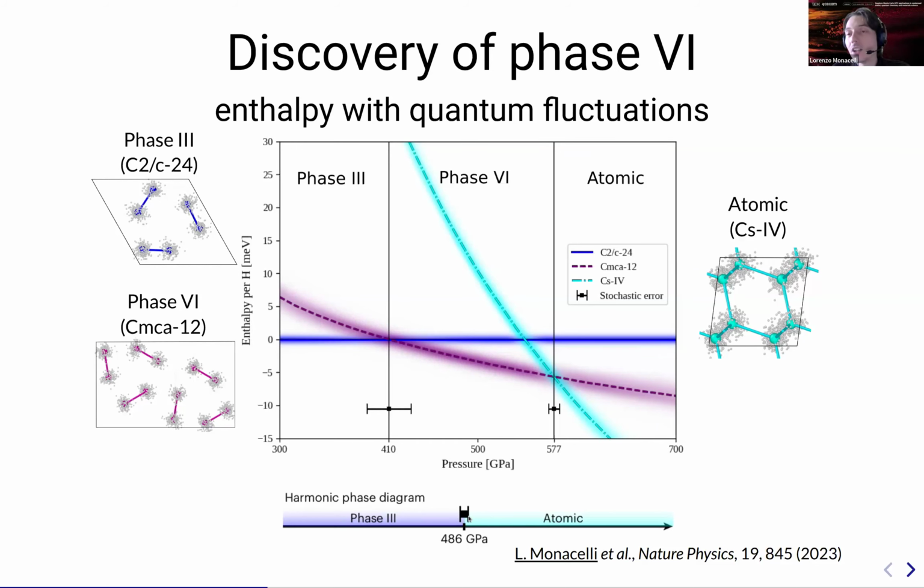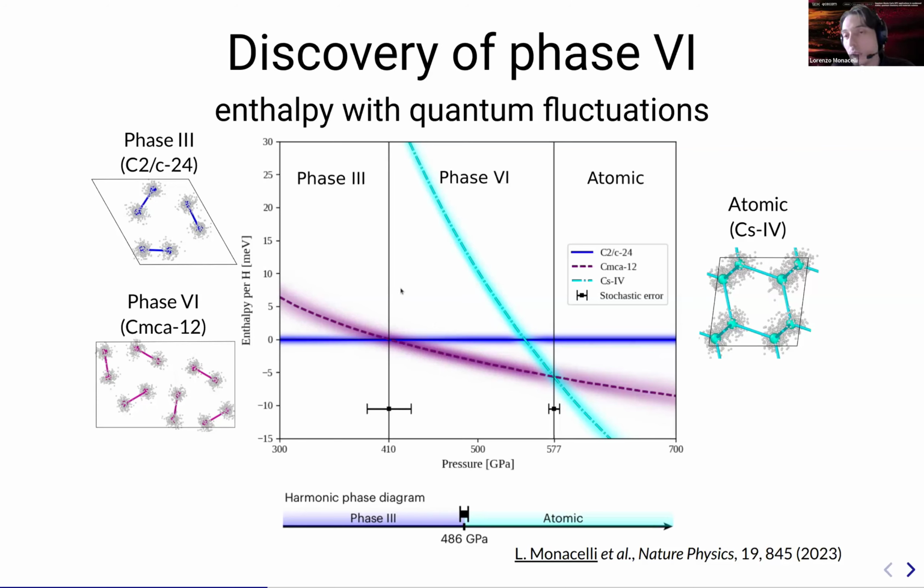So depending on how you do your diffusion Monte Carlo, it can be that phase 6 is stable in a very narrow region here, but it is completely different from the real phase diagram. That is to say that quantum effects, and quantum anharmonic effects on nuclei, are really important.